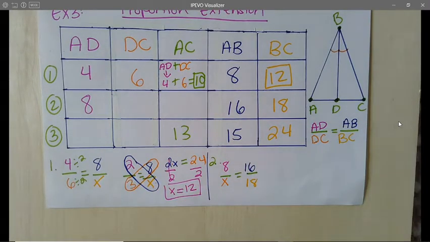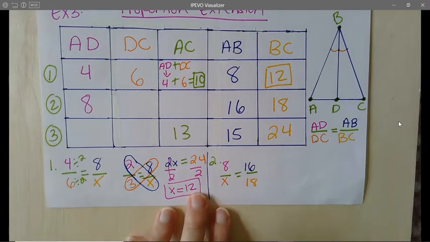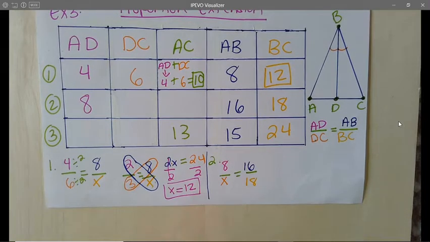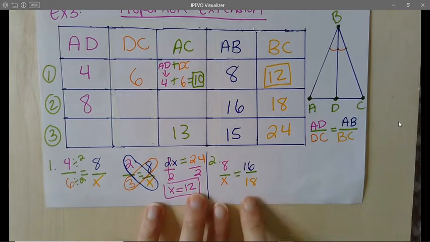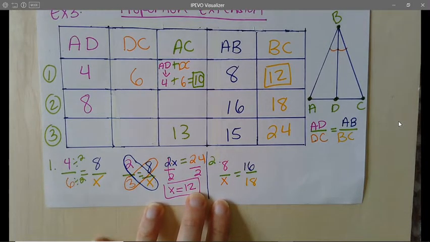All right. And from here, we just simplify down and cross multiply and solve. So again, before you cross multiply, you could go ahead and cross multiply and you get the same thing I get. But remember, your numbers are easy to work with if you can reduce it down. So looking over here, I think I can reduce this down. Is there a number that divides into 16 and 18?